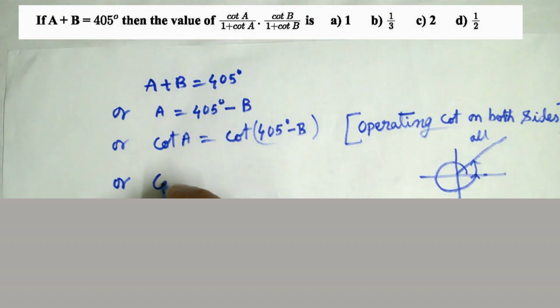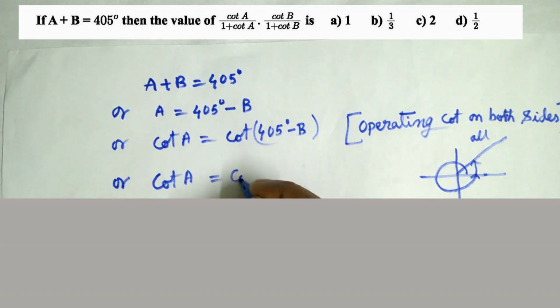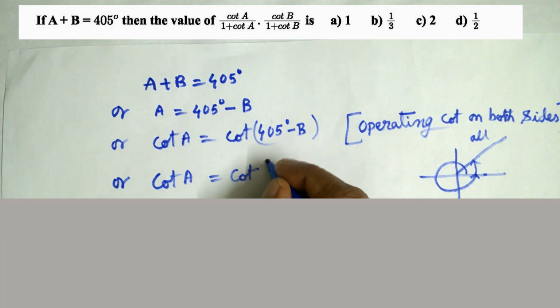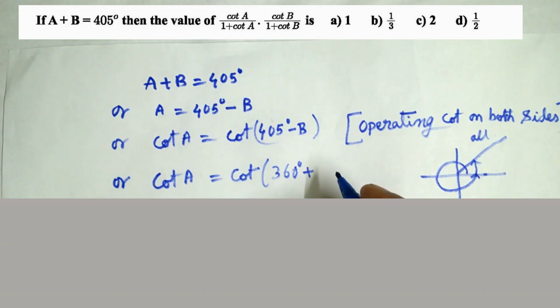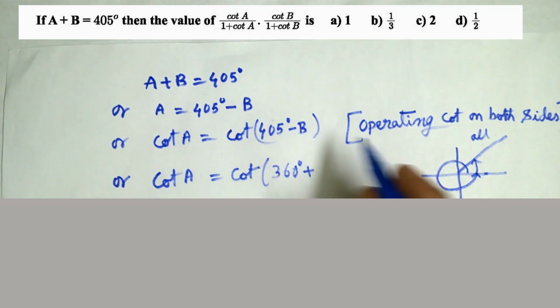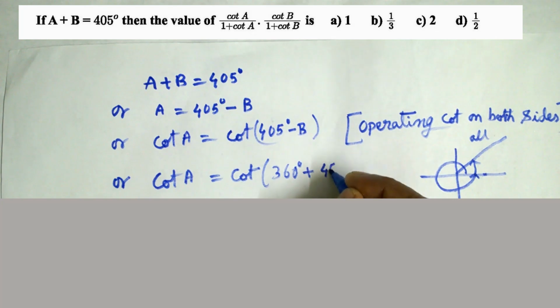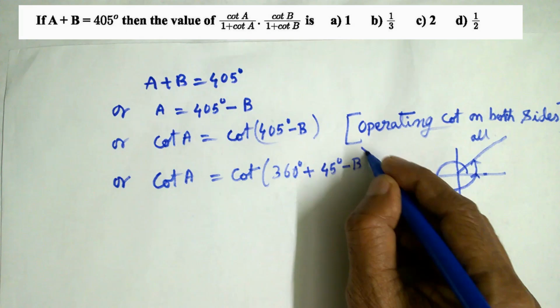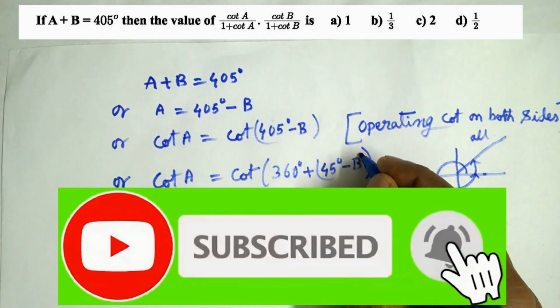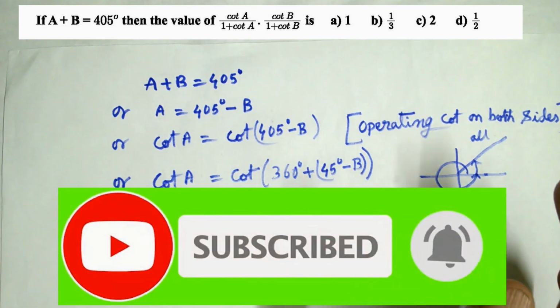So writing this, cot A is equal to cot of 360 degrees plus 45 degrees minus B. It is obvious that if we add 45 degrees with 360 degrees, we get 405 degrees. Consider 45 degrees minus B as a single term, theta.